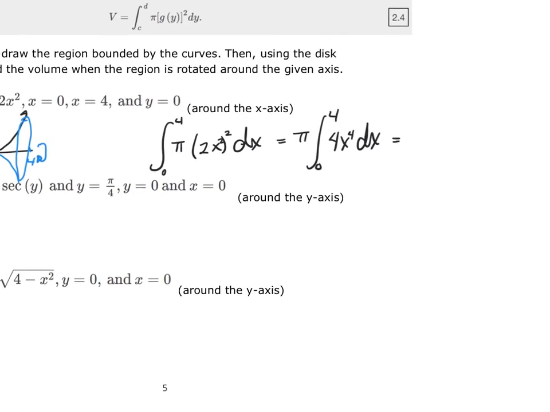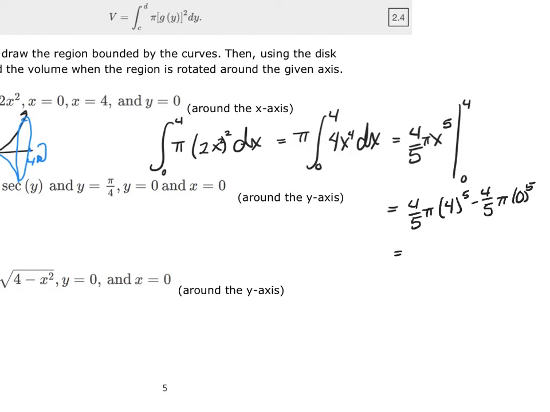And now I'm just going to integrate. So this is going to be equal to 4 over 5 x to the 5th, don't forget that pi, so I'll squeeze pi in there, evaluated between 0 and 4. So this is going to equal 4/5 pi times 4 raised to the 5th, minus 4/5 pi times 0 raised to the 5th.